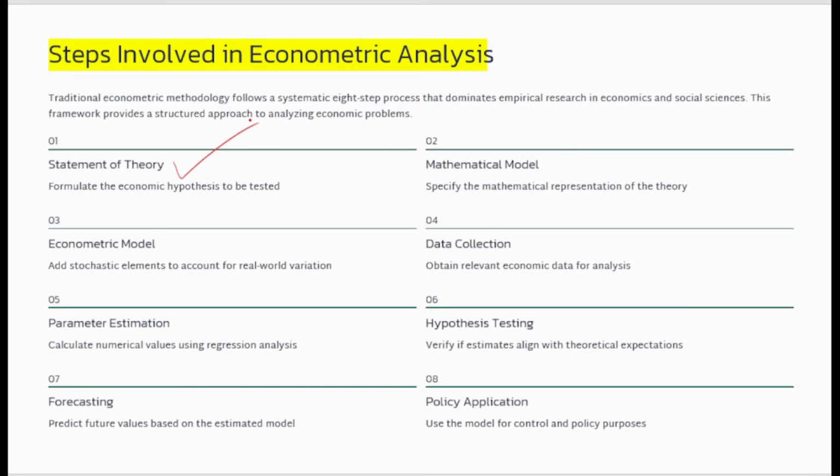For example, demand theory says that, other things remaining constant, there is an inverse relationship between price and quantity demand. So here we will be testing the hypothesis whether price is having a significant and negative impact upon the quantity demand or not.